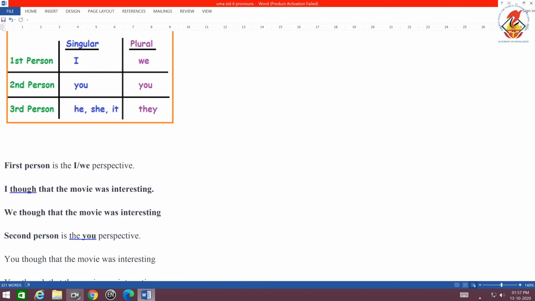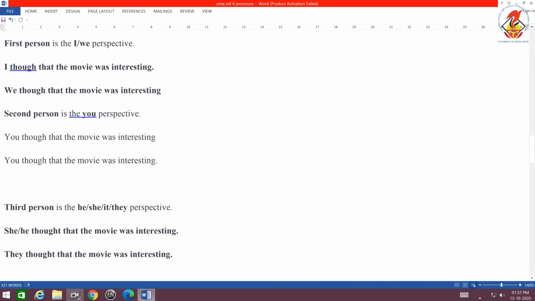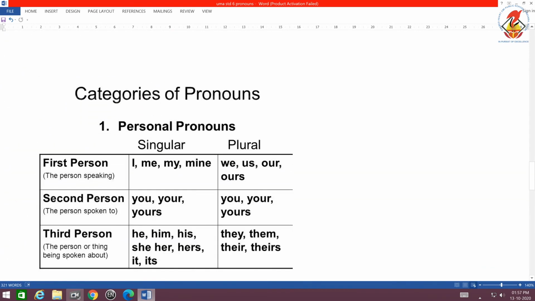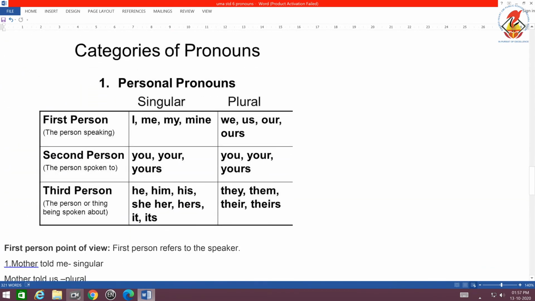And what is the plural? I, we. You itself. For he, she, it, the plural form is they. Then what did we study? The other forms of I. First person I, other forms me, my and mine. Plural us, ours, our. Then for you and your, yours, it's the same.